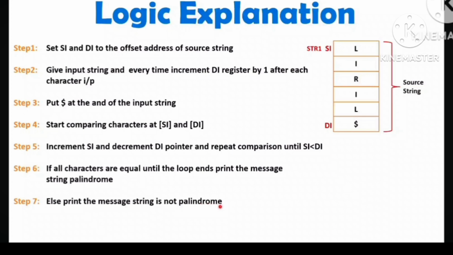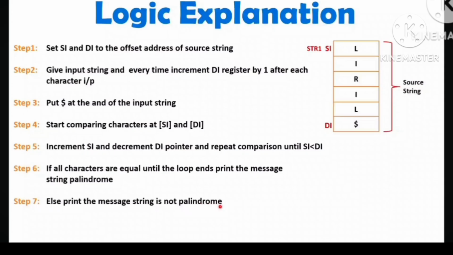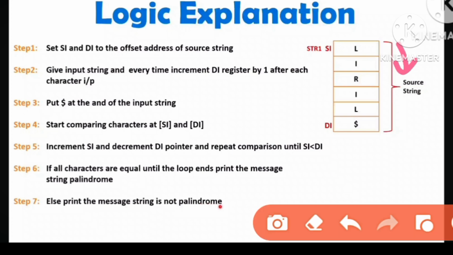Now DI is pointing to the $ sign, so we decrement the DI pointer by 1 so that DI will indicate the offset address of the last letter. Now we have to increment the SI pointer and decrement the DI pointer and repeat until SI is less than DI.